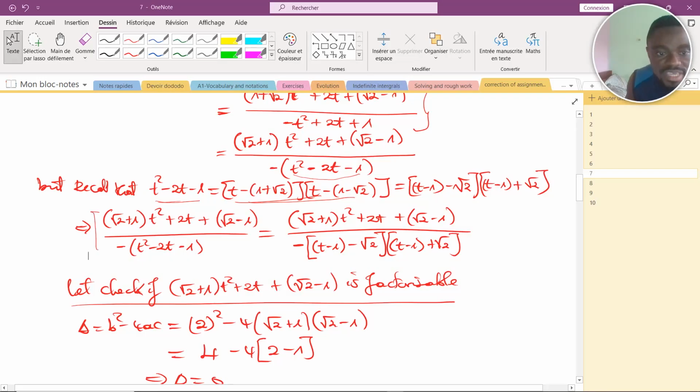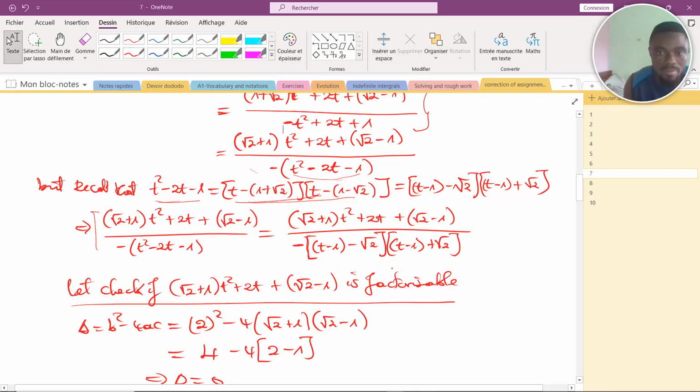So now we have this expression that is our expression which is on top here, is equals to what? There is my minus outside here. I told you when you have a minus out in front of the term in t square, always factorize it first before factorizing. Never do the error to start factorizing without putting the minus outside first. Is that okay? So this expression is equals to this.